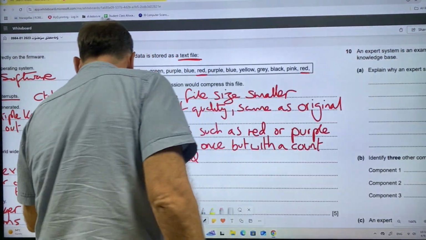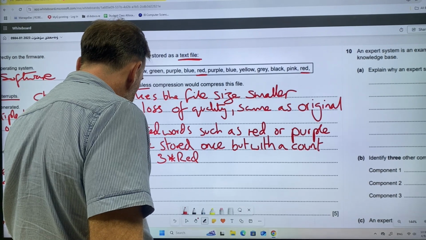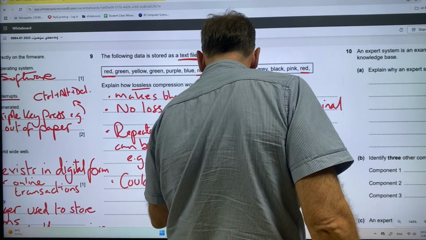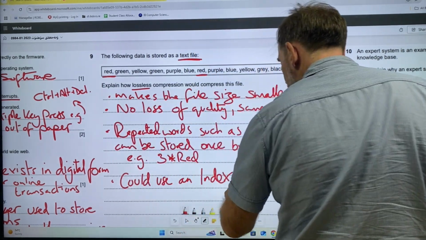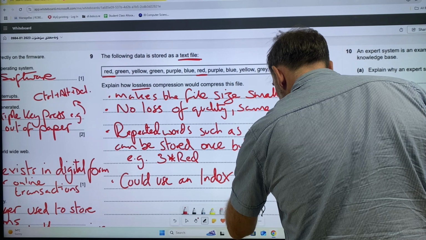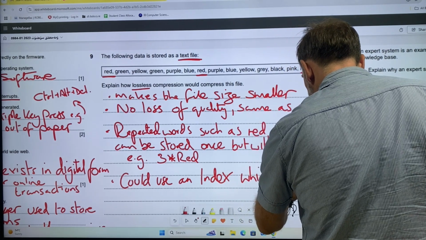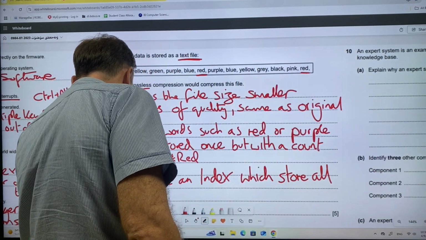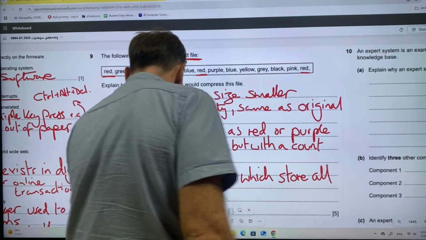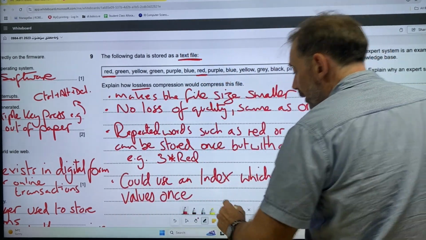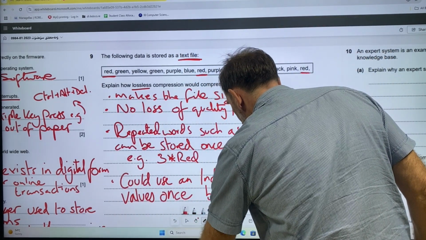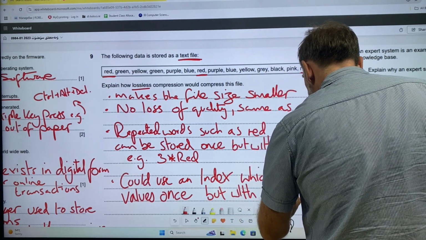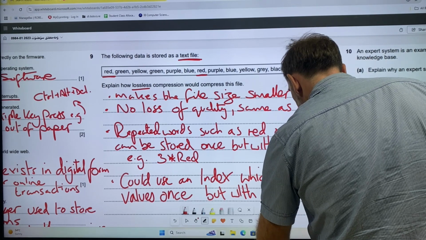Okay, we could use an index, which stores all values once, but with a count attached.